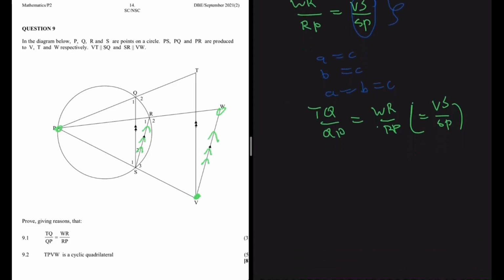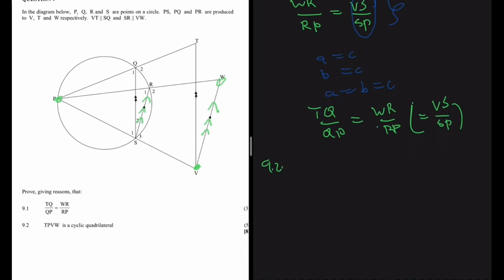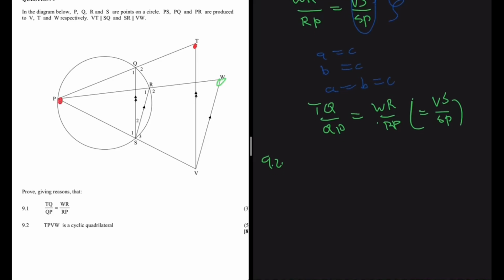Let's move to 9.2. 9.2 says, let's prove, giving reasons, why TPVW is a cyclic quadrilateral, right? So let's look at TPVW. We have T here, we have P here, and then we have V, and W is here. And then it is said that we must prove that it's a cyclic quadrilateral, right?